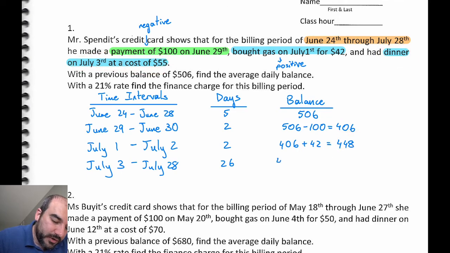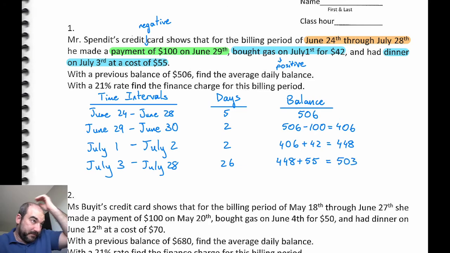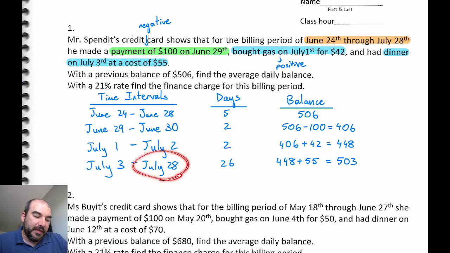So that's going to increase the amount of money that he owes again. So we're going to add 55 more to this, which is going to raise our balance to $503. And he's going to end the month, or end the billing cycle, billing period, on a balance of 503.